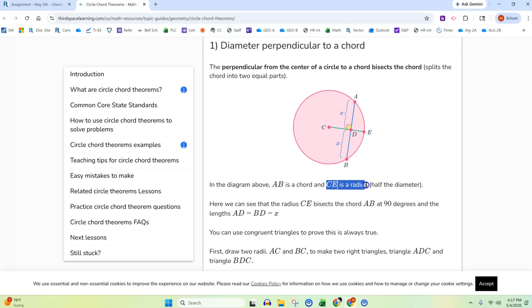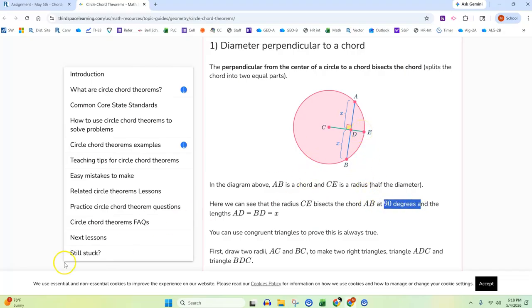CE is also a radius. It goes from the center straight through, and it cuts at a 90-degree angle. When it does that, that means A to D is X, whatever that is, equal to B to D, because the green cuts it in half, okay? But it's only when the green line, or the bisector, is at 90 degrees.